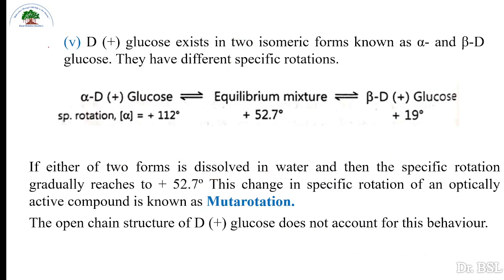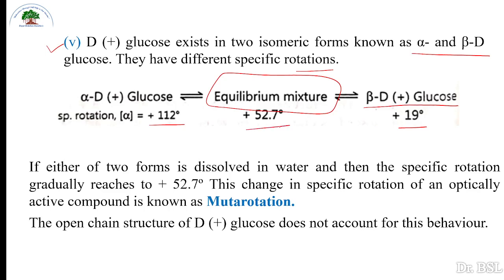And last, that is the fifth point: D-plus-glucose exists in two isomeric forms known as alpha and beta-D-glucose. They have different specific rotations. Alpha-D-plus-glucose has a specific rotation of plus 112 degrees and beta-D-plus-glucose has plus 19 degrees. An equilibrium mixture of alpha-D-plus-glucose and beta-D-plus-glucose has a specific rotation of plus 52.7 degrees.